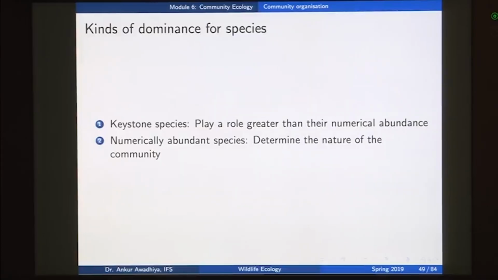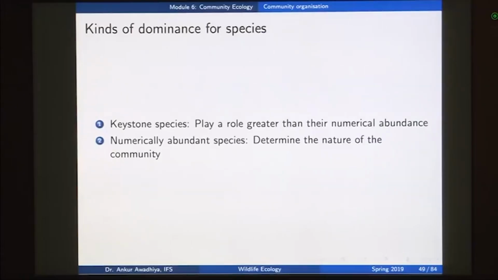So, they do not permit enough sunlight to reach the ground, and at the same time they also result in a very high amount of moisture in the whole of the community. Just because of their vast numbers, the whole of the community is characterized by the properties of the sal trees. So, in this case we can also say that the sal trees are dominant species in the case of the sal community.